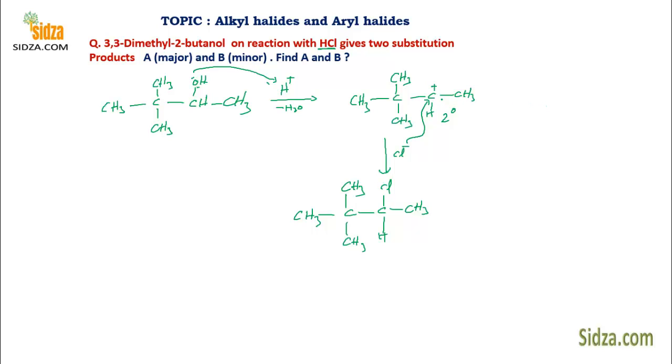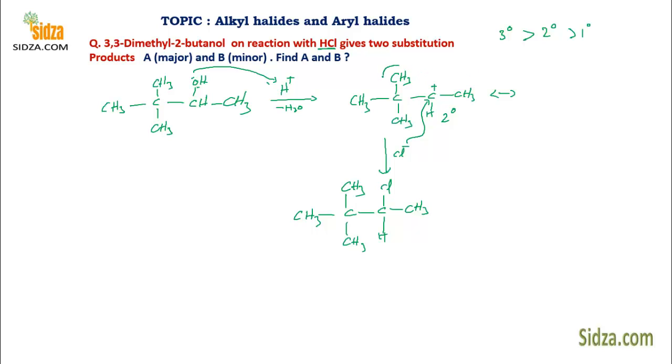But we know that carbocations can undergo rearrangement, and the rearrangement is only possible if you get a more stable carbocation. We know that the stability of the carbocations is in the order of tertiary, more stable than secondary, than primary. So here this secondary carbocation can rearrange to the tertiary one by a methyl shift.